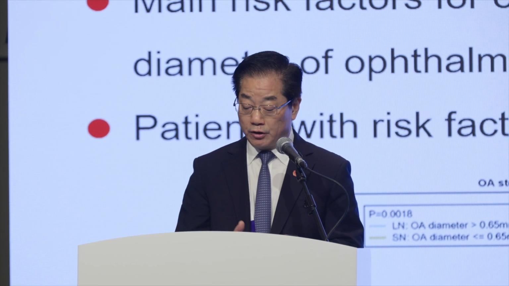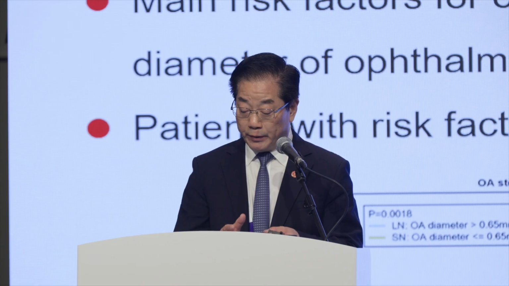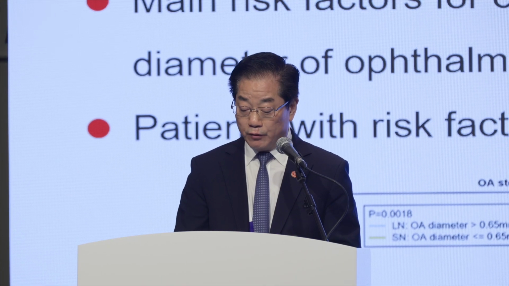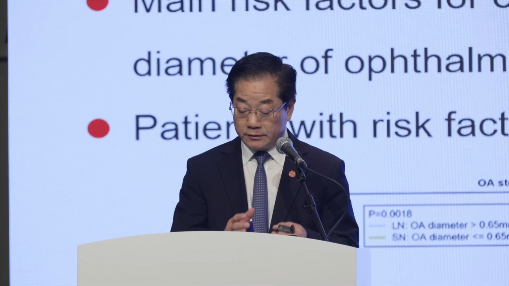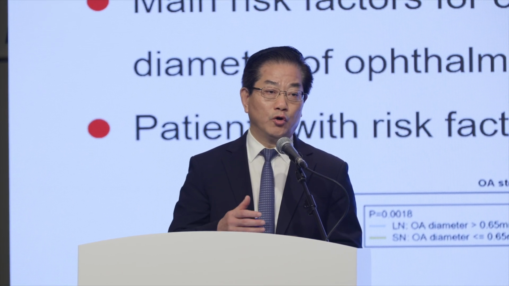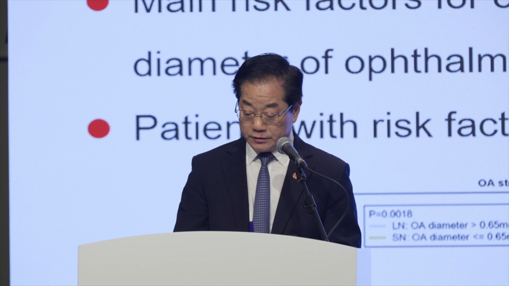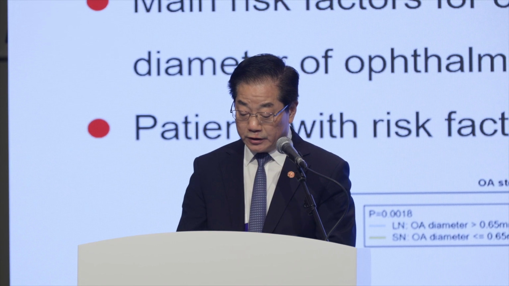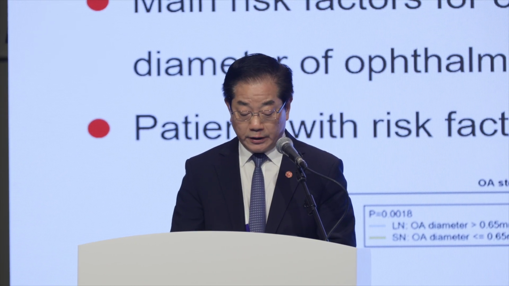According to our cohort study for ophthalmic arterial occlusions, there are 2 main risk factors: more than 3 times of IAC, and an ophthalmic artery diameter less than 0.65 millimeters. Patients with these risk factors should be treated with the balloon occlusion technique.